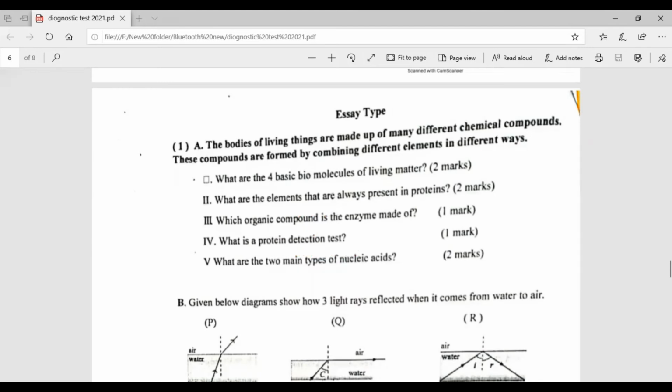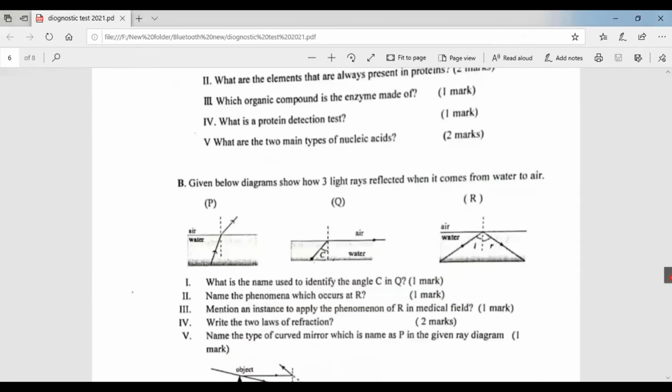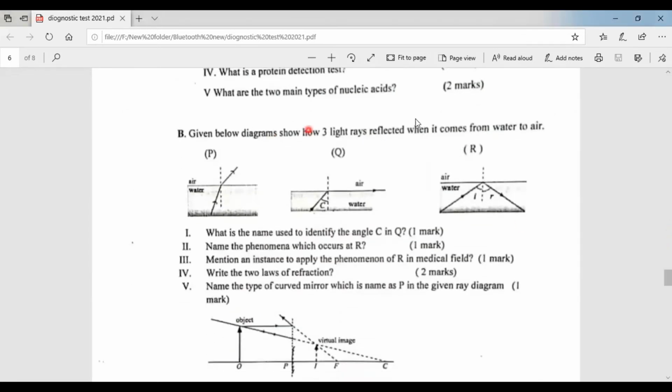B part, the diagram shows how 3 light rays are reflected when they come from water to air. Water is the dense medium here, air is the rare medium here. So always when light rays enter from a dense medium to a rare medium, they deflect away from the normal.